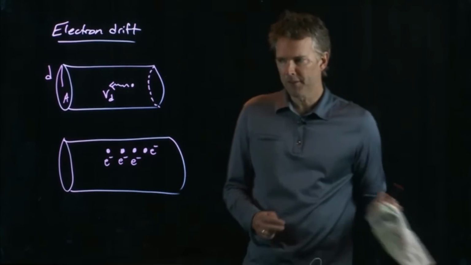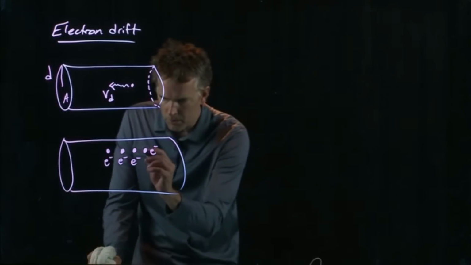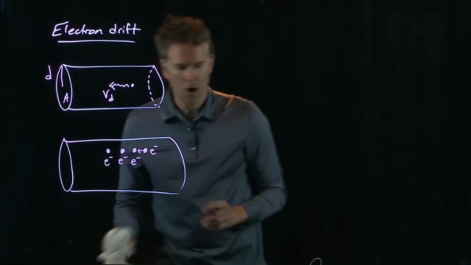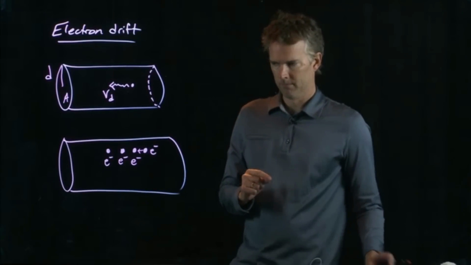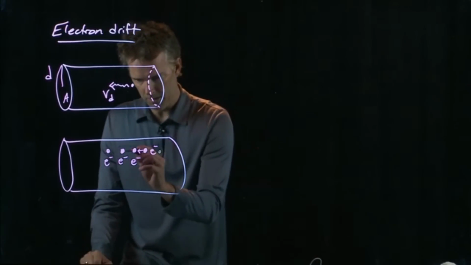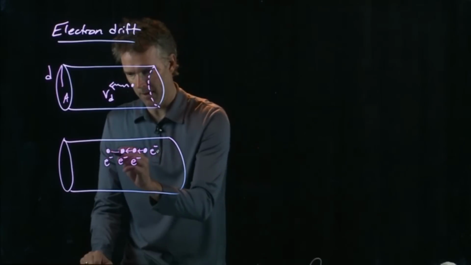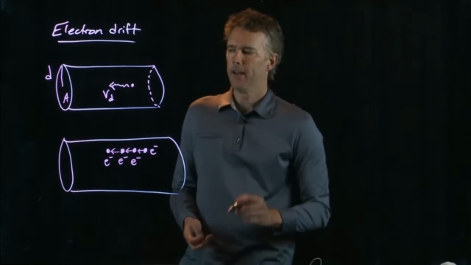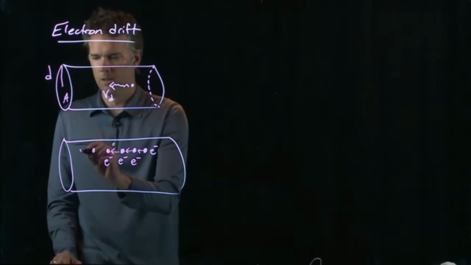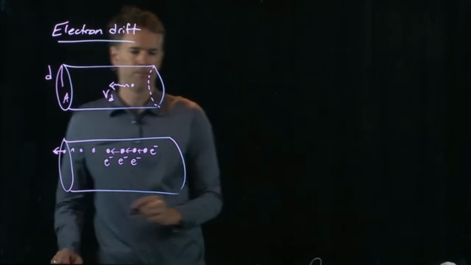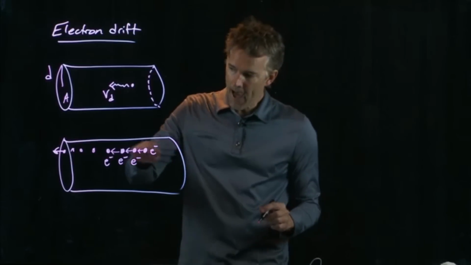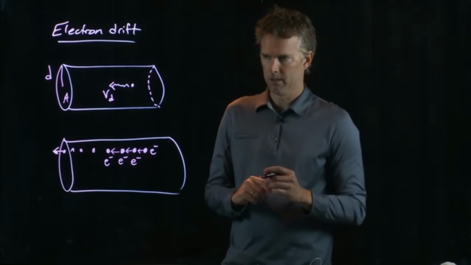So that first electron that's going to move, all it has to do is bump into the next one. And if it bumps into the next one, then that one bumps into the next one, and that one bumps into the next one. And eventually, one of those is going to light up your light bulb. And that happens very quickly.